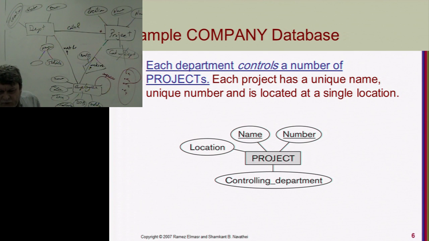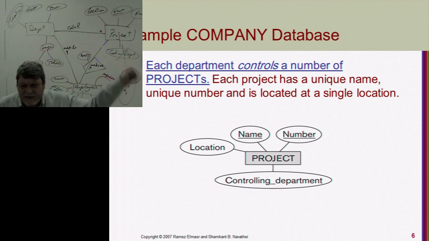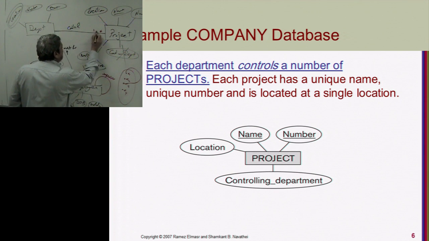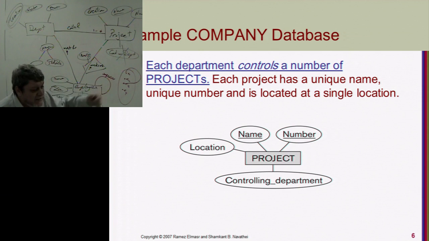How about the participation, the minimum? 1. Why? Because he said each department controls, must control. It didn't say may control, it says controls. So the minimum is 1. So each department should be assigned to a certain project to control it. So out of this sentence, it is clear that we are talking about numbers. We are talking about multiplicity.